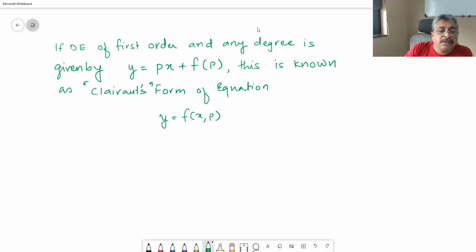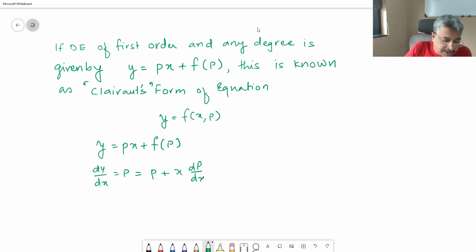Then suppose we have y is equal to px plus f of p. If we differentiate this with respect to x, we get dy by dx, which is equal to p, which is equal to p into derivative of x, which is 1, plus x into dp by dx, plus f dash of p dp by dx.